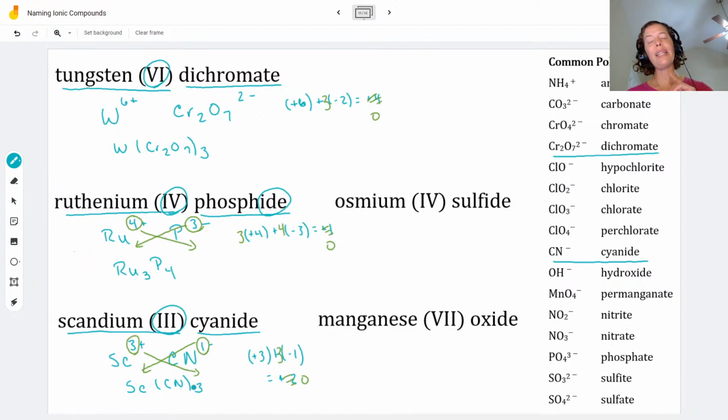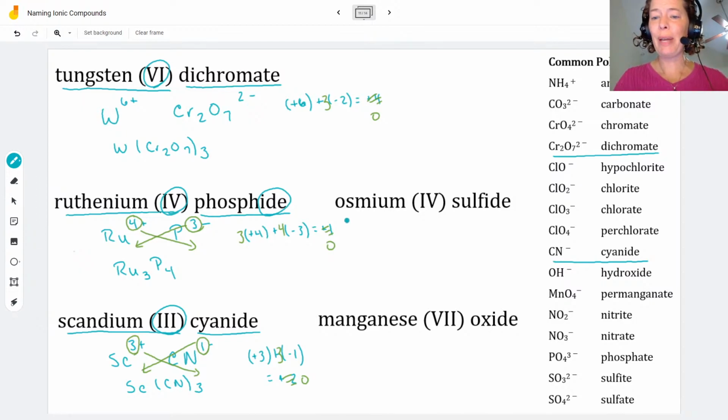Don't forget in this one, and it is easy to do this with cyanide and hydroxide, those are still polyatomic ions. You still need to use the parentheses, because if you drop the parentheses and just write CN3, that means you have 3 nitrogen atoms, but you need 3 cyanide polyatomic ions.